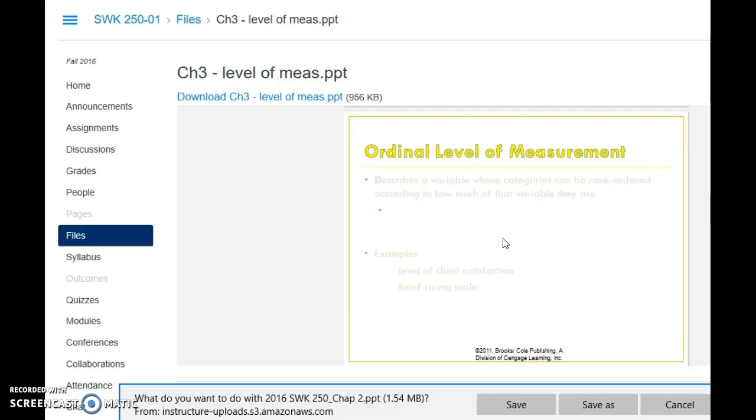So we know that sophomore is more than freshman, but less than junior and senior, okay? But we don't know how much more or less that category is. We can't say it's junior, junior, or anything like that. It doesn't make sense.